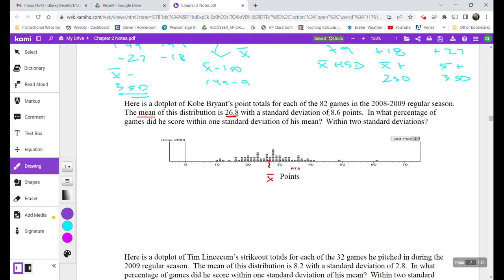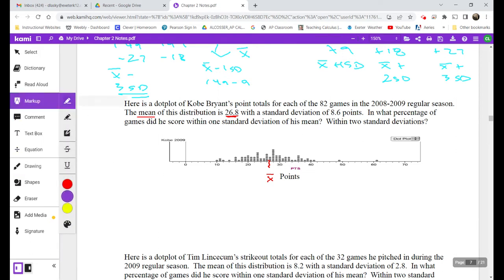And my standard deviation is 8.6, which is going to be 35.4. So I'm going to use a highlighter to show you this. So I'm going to go to 35.4, right? 28 and 8 is 34 plus 1.4. Yeah, 35.4. So I'm going to go from here. I'm going to go out 1 standard deviation.